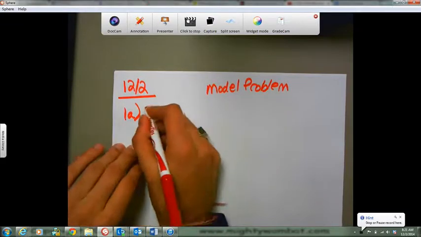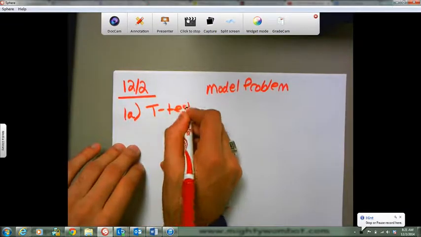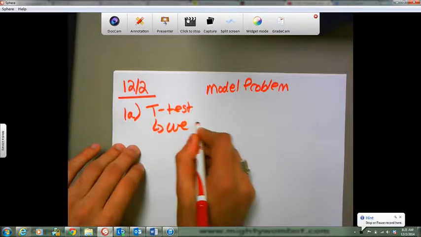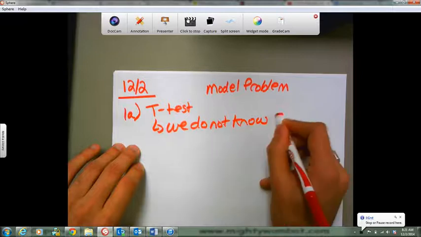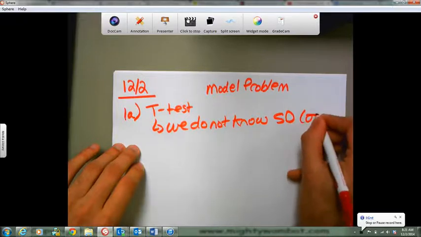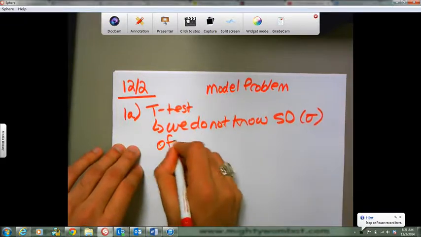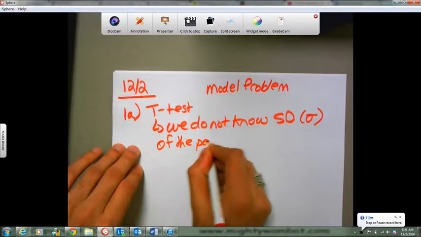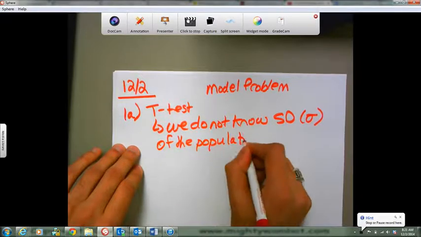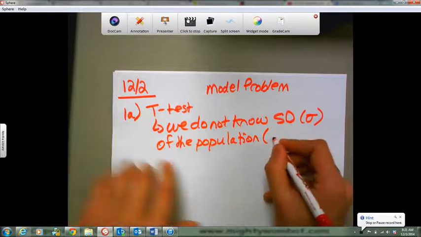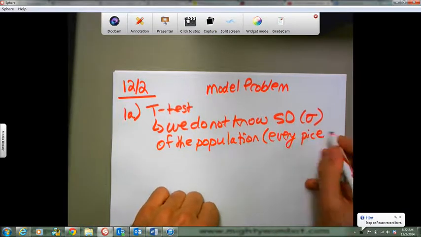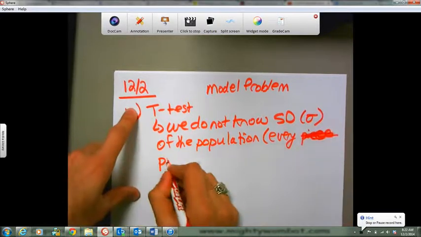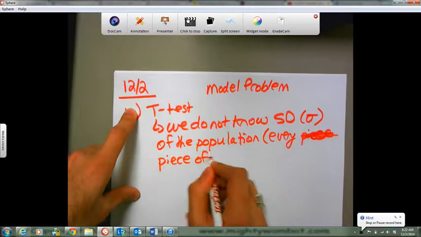So we should use a t-test, and the reason is we do not know the standard deviation, which I'll just put this symbol, of the population. By the way, the population is every piece of the ground.